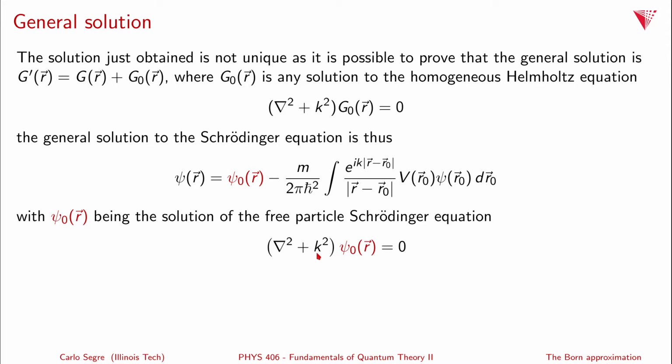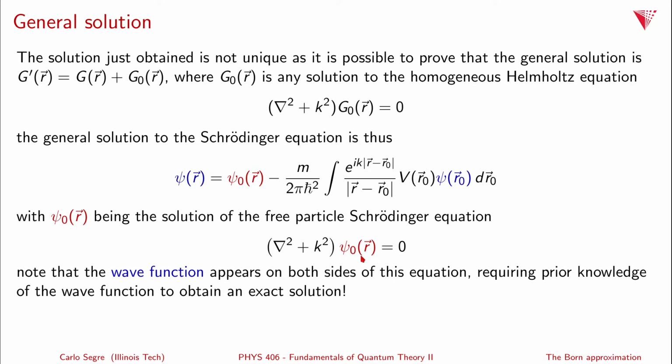Del squared plus k squared applied to psi 0 of r is equal to 0. So in fact, that is the solution to the Helmholtz equation.